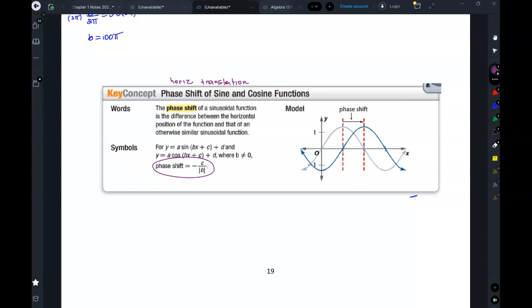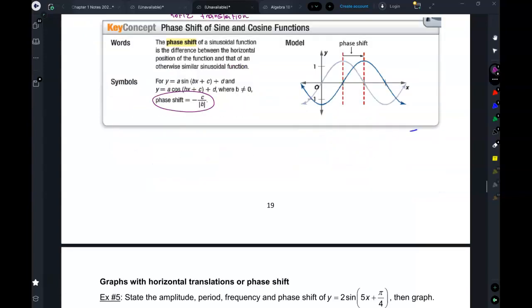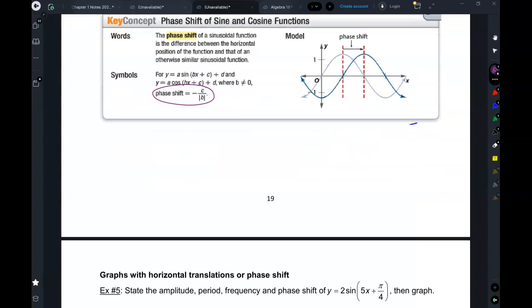But I hate giving people more things to memorize, so we're not going to memorize that. What we're going to do instead is solve for x. You take the bx plus c, set it equal to 0, and solve for x, and that gives you the phase shift. Because that process is very similar to what we used to do in horizontal translations.